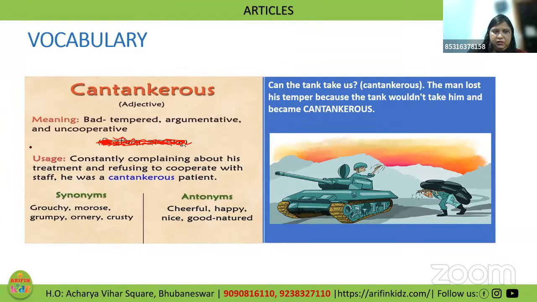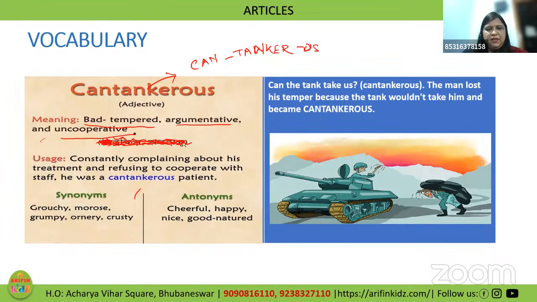How would you pronounce this word? This is pronounced as cantankerous. Okay, what does it mean? It means bad-tempered, argumentative, and uncooperative. Like you said, jhagdalu, right?